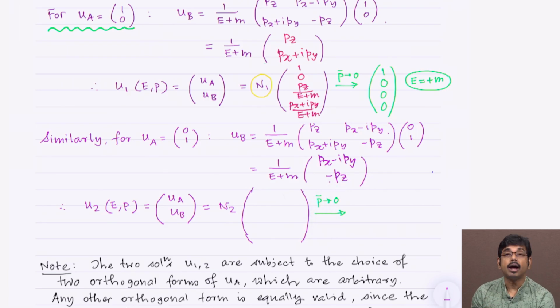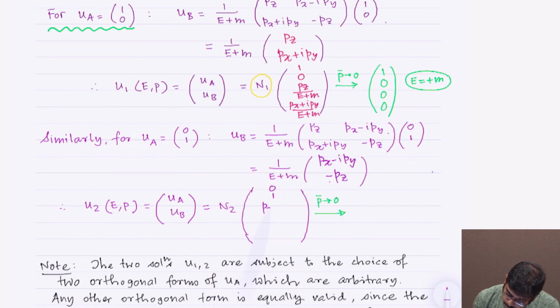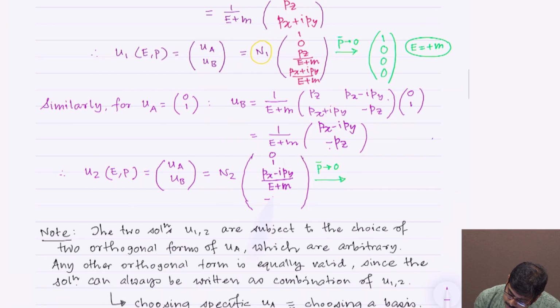So, can we then write the full u2 Dirac solution for this different choice of u a, which is 0 1? So, this is 0 1, and this is p x minus I p y by e plus m, and then minus p z by e plus m.